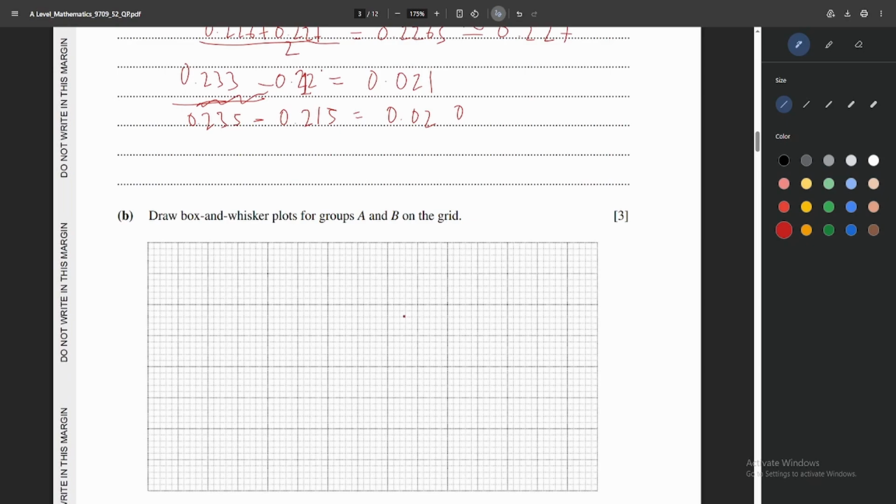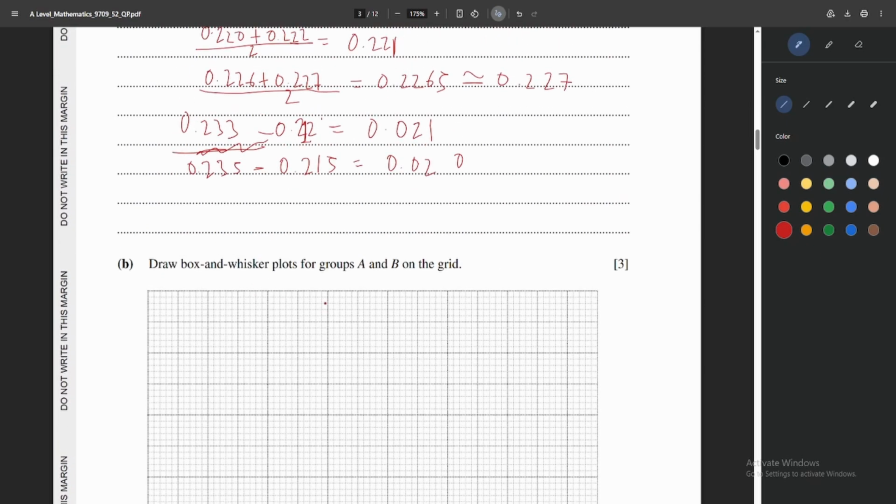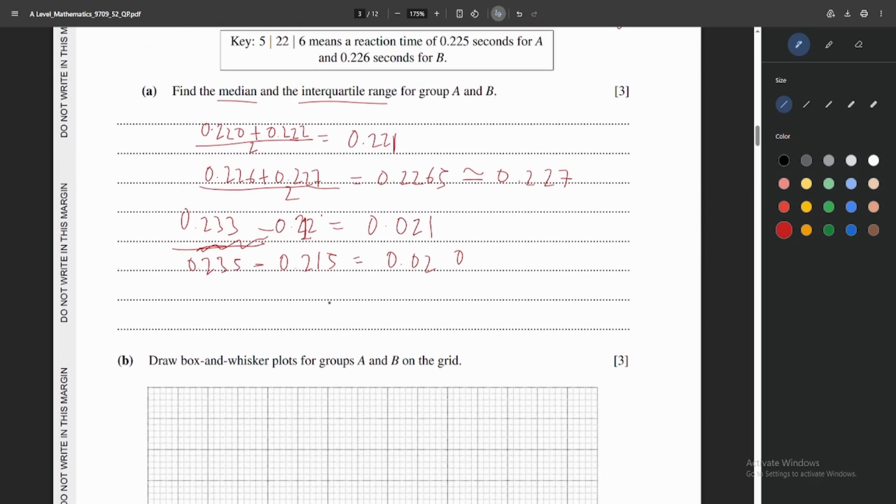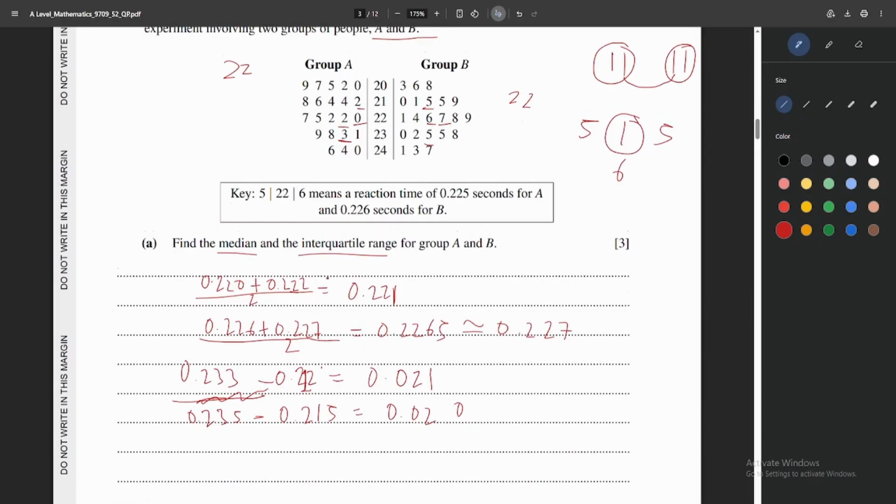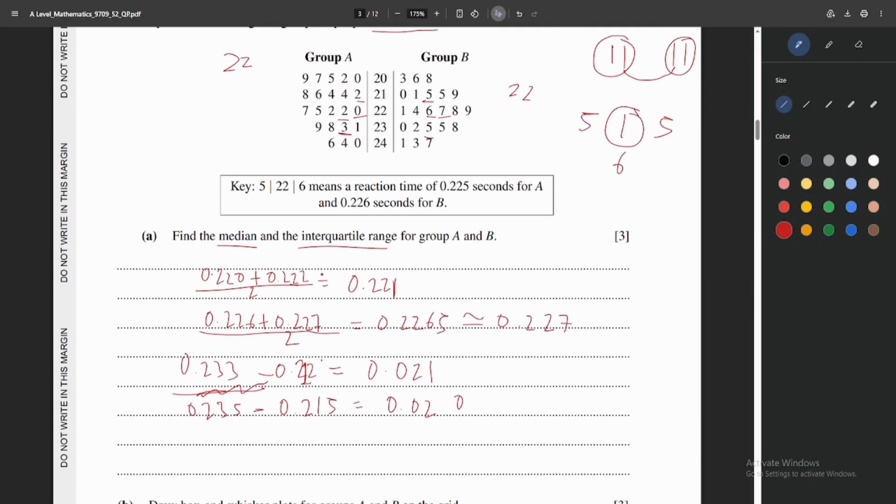Next we are asked to draw a box and whisker diagram. What are the things we need? We need the maximum and minimum numbers. For group A, let me note down here, the minimum is 0.200, and for group B the minimum is 0.203.